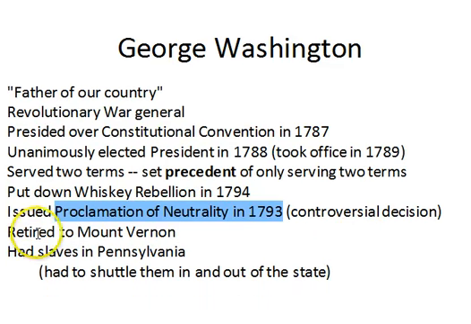When his second term was done, he retired to Mount Vernon, again setting that precedent of only serving 2 terms. But when he was president, he had slaves in Pennsylvania, and we talked in class about that and how if the slaves had been there for 6 months, under Pennsylvania law they would have been free, and so he had to shuttle his slaves in and out of the state.